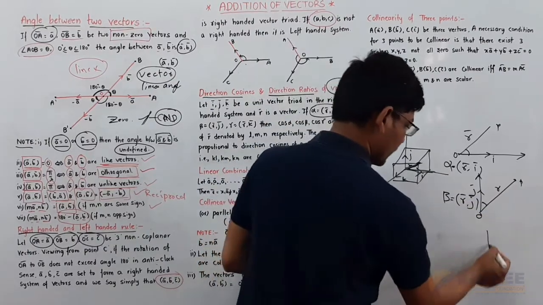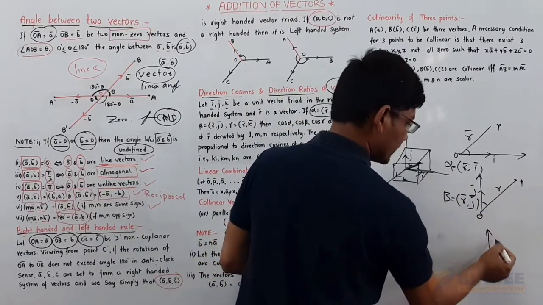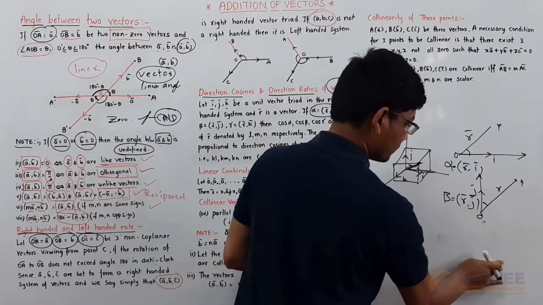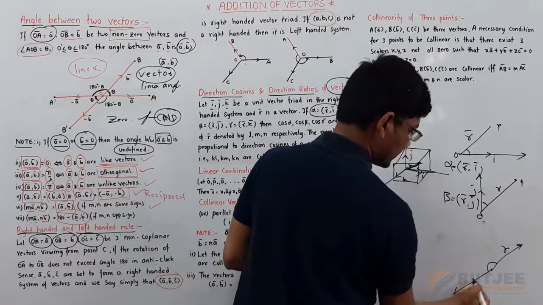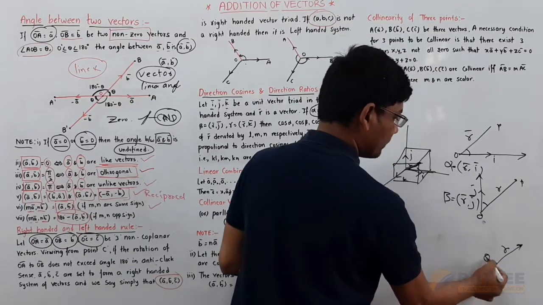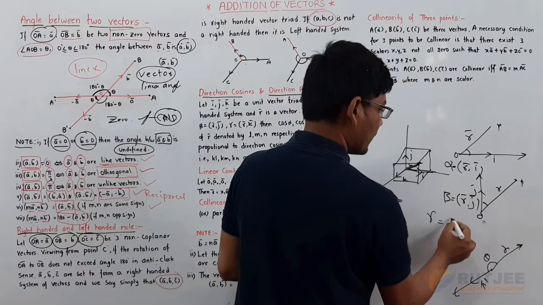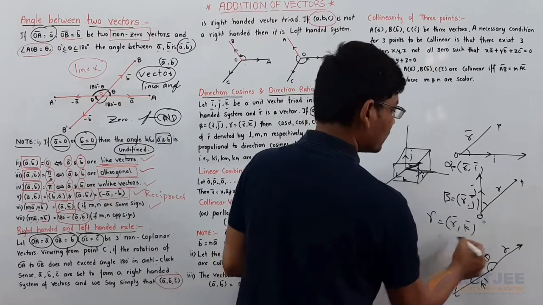Next, this is r bar and this is the z axis, this is k bar. So the angle between them is gamma, that is between r bar and k bar.